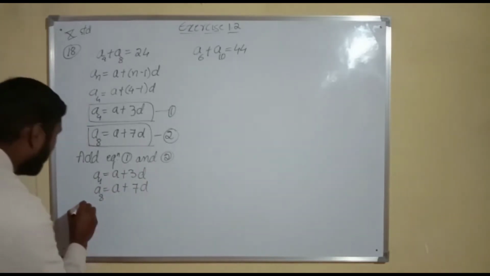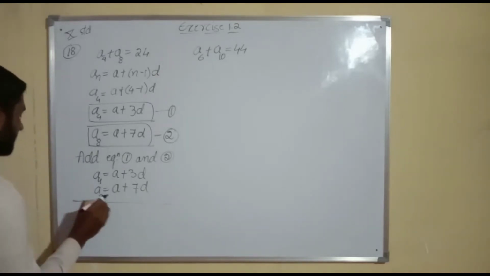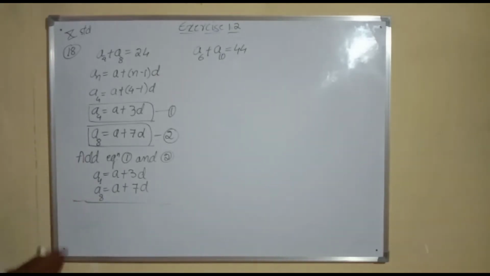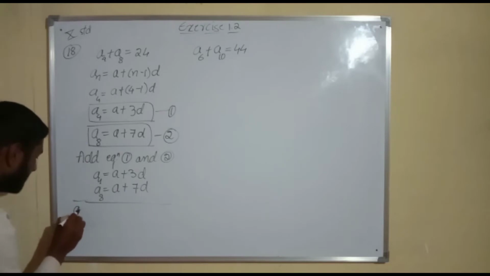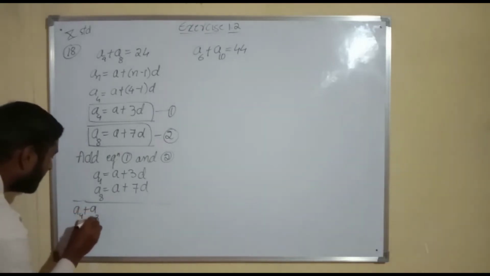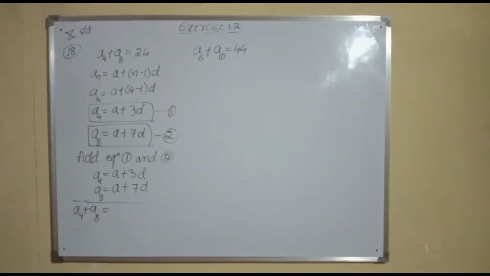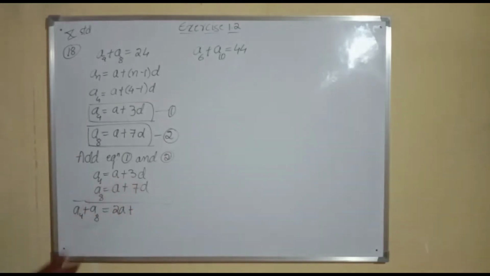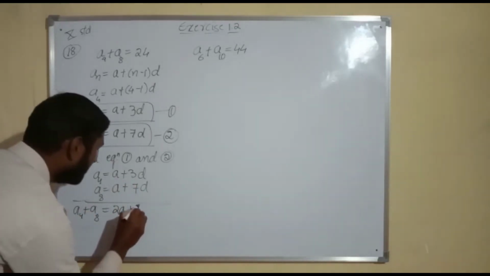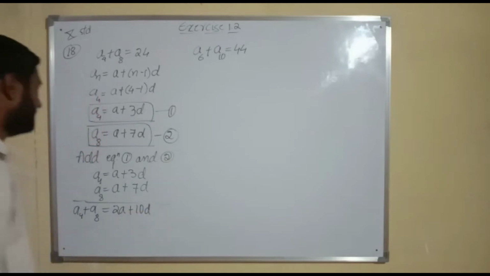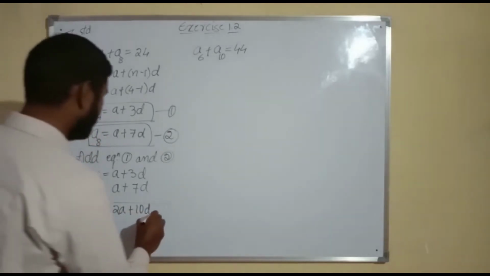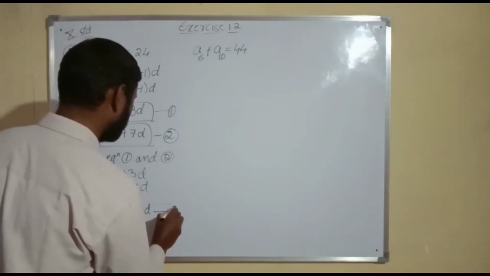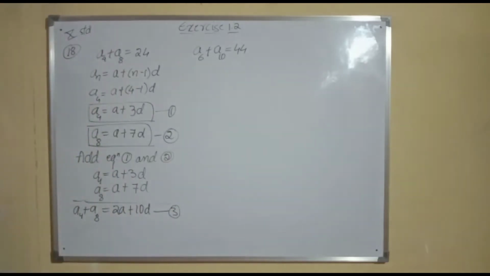Let me add them. A4 plus A8 is equal to 2a plus 3d plus 7d, which is 10d. Let it be equation number 3.